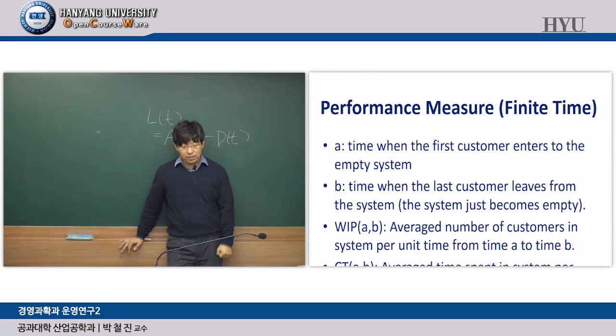CT is the abbreviation of cycle time. CT from A to B represents the average time spent in the system per customer from time A to B.